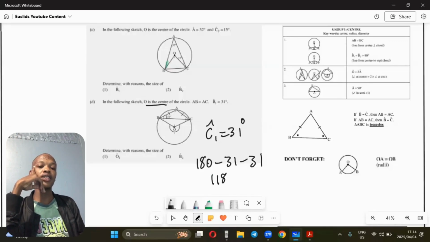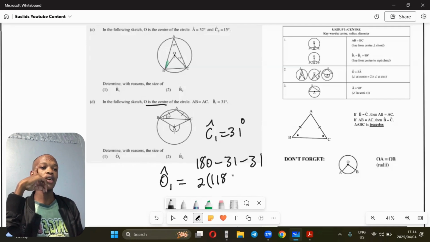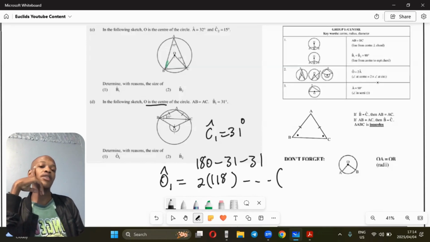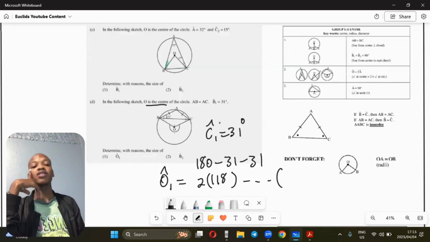So if A is 118, O1 is what? 2 times 118. So O1 is equal to 2 times 118. What's the reasoning? It's angle at the center. This is basics.